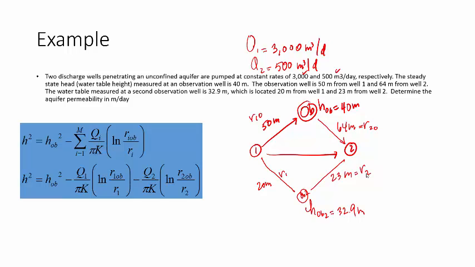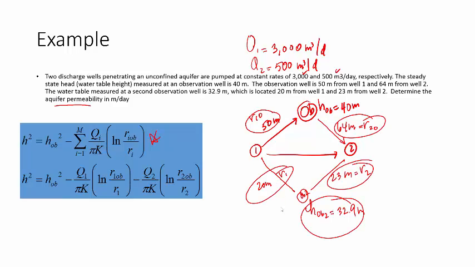Okay. So let's now substitute in the equations. We need to determine the aquifer permeability, so we're using this expression. Now I have all the variables that I need because I put them in my sketch, which is very important.